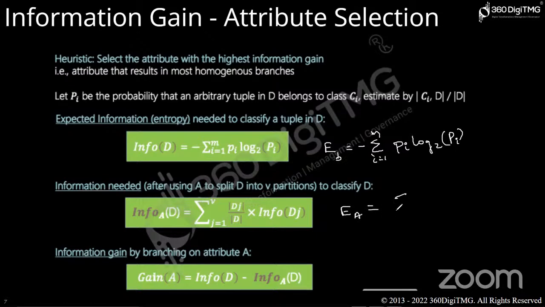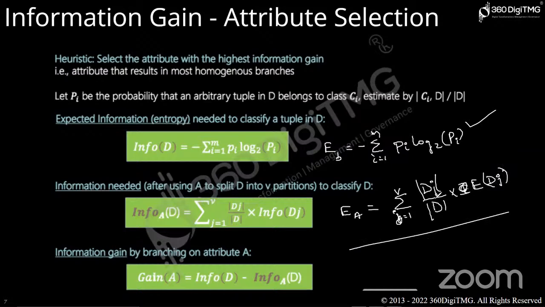The entropy after split is the summation of j equals 1 to v of the absolute value of Dj by D, times the same formula, entropy of Dj.